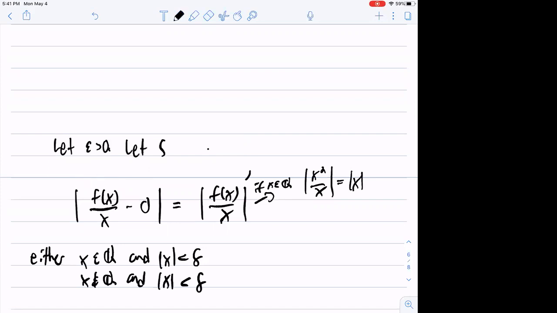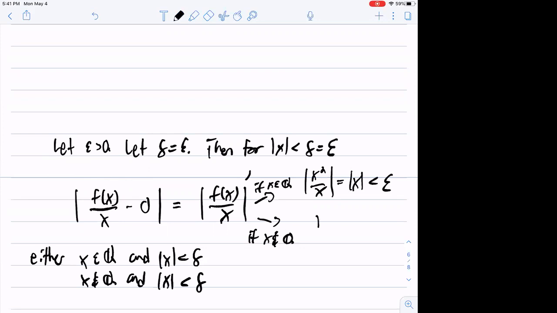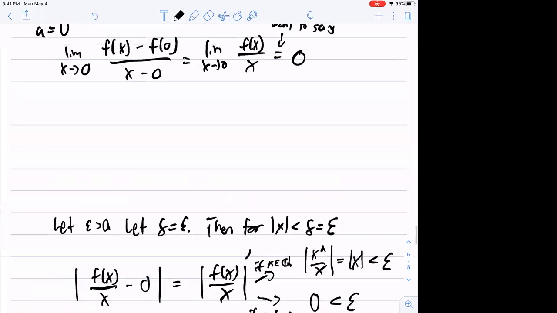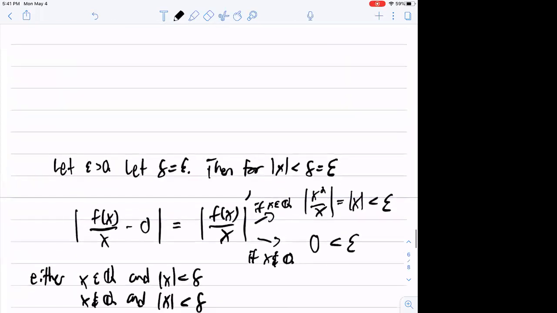Let delta be epsilon. Then for absolute value of x less than delta, which is epsilon, you get this thing's less than epsilon. And if x is not in Q, then f of x is just 0, and 0 is certainly smaller than epsilon. Just ignore what I wrote in the blank space.